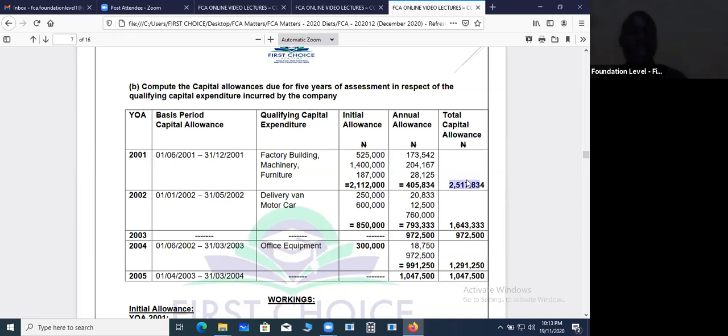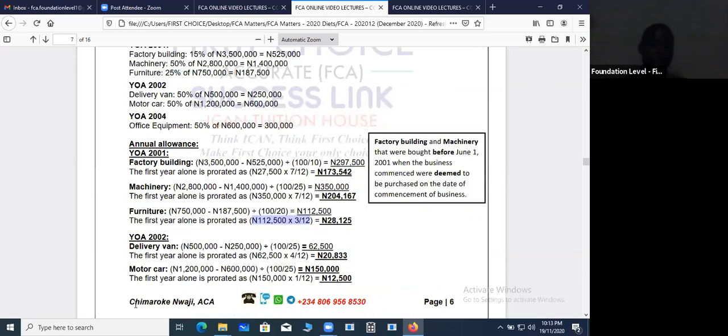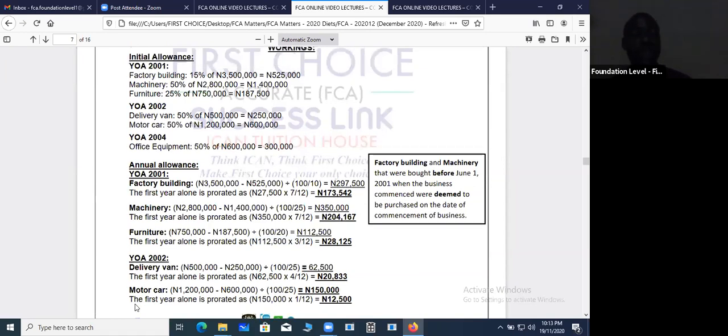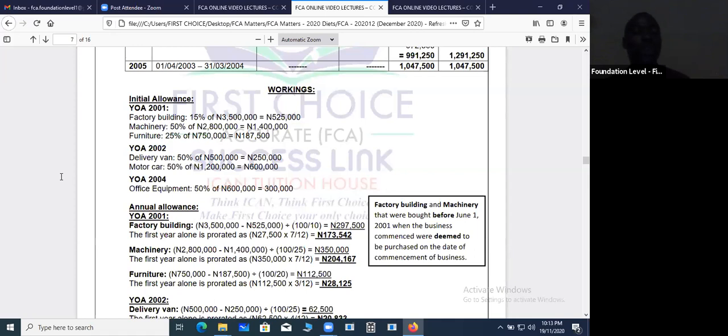Now that's the first year. Let's go to the second year. The second year, you bought some motor vehicle and some delivery van, and so you still need to do your initial allowance again. Motor vehicle and delivery van, their initial allowance rate is 50%.